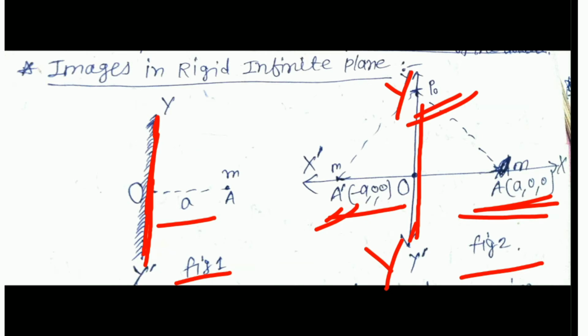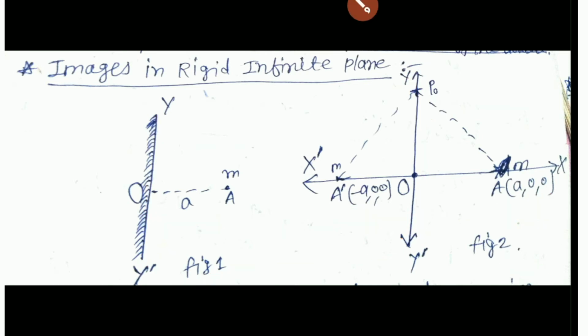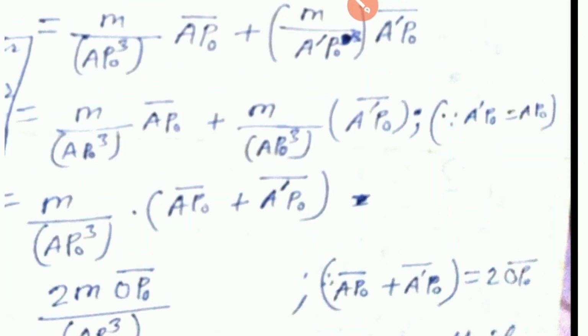Then the fluid velocity at this point P0 is equal to m upon AP0 cube into AP0 bar plus m upon A dash P0 cube into A dash P0 bar.